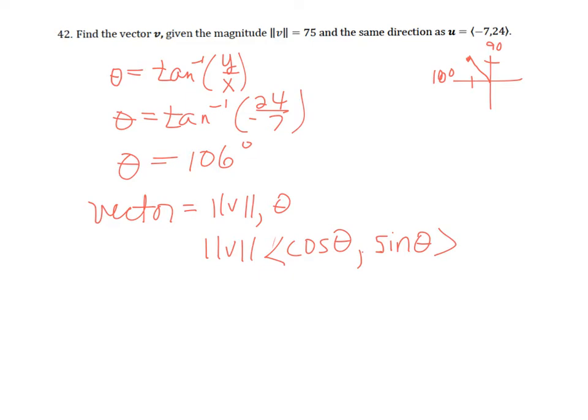So our vector v should be written as 75 times the cosine of 106, sine of 106. And that's basically how you could rewrite it, so that it has the same direction as u, but this one will have length 75. So there you go for number 42.